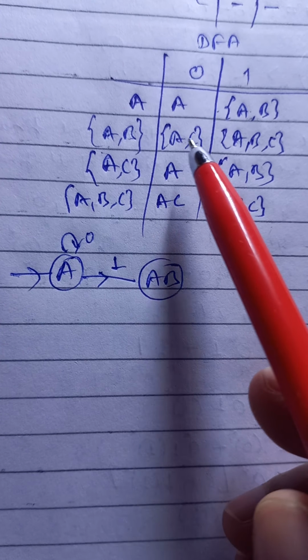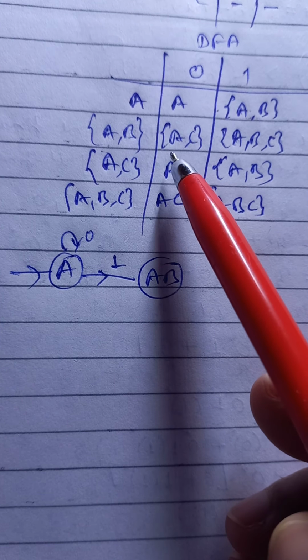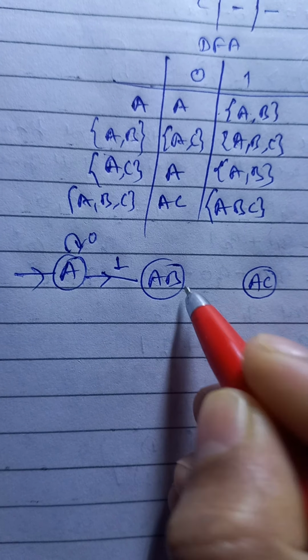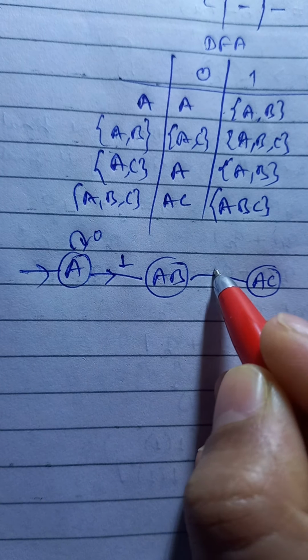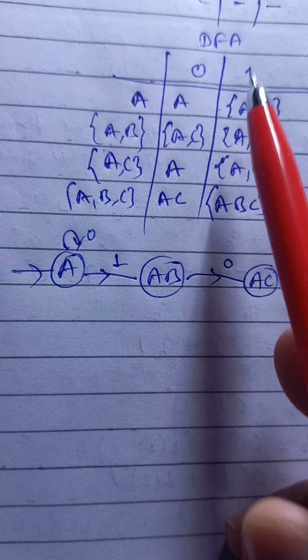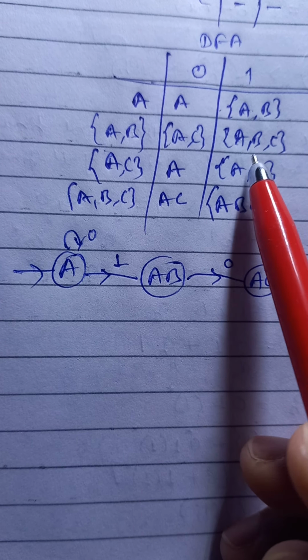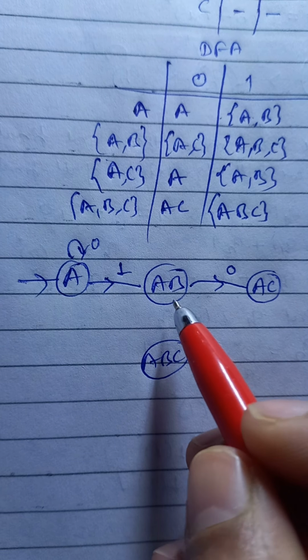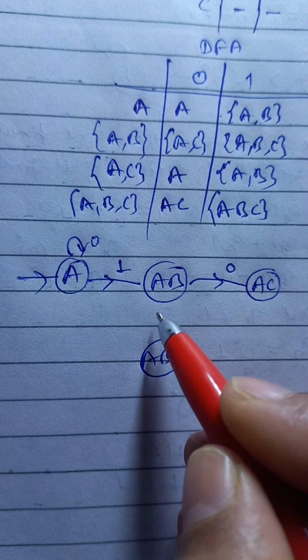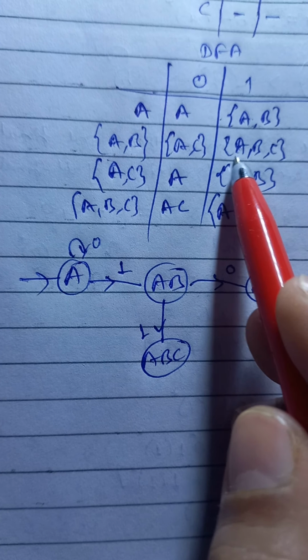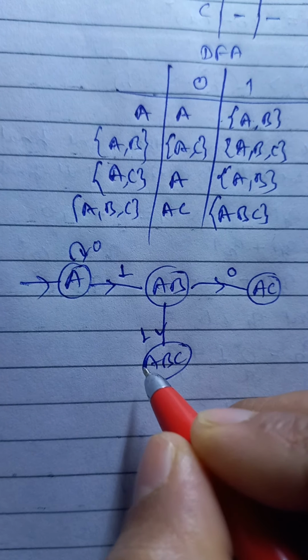Now from AB, for the 0 transition, where are we heading? Towards AC. So we will make the AC state, and make a transition for 0 from AB to AC. And from AB for 1, what state do we have? ABC. So we will make another state, ABC.